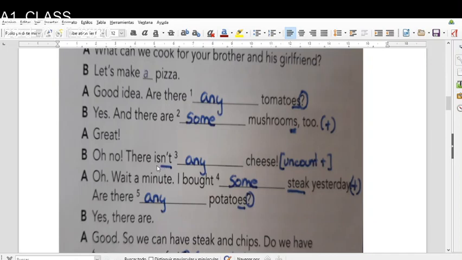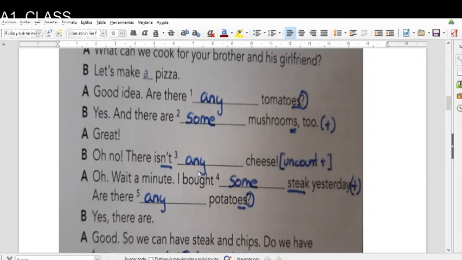Sé que es incontable porque empieza por there is, ¿lo veis? There isn't, negativa. Incontable, cheese es incontable. Entonces, uncountable, aquí me he equivocado, ¿eh? Aquí es una negativa. ¿Lo veis? Una negativa. Then, uncountable and negative, any. Very important.